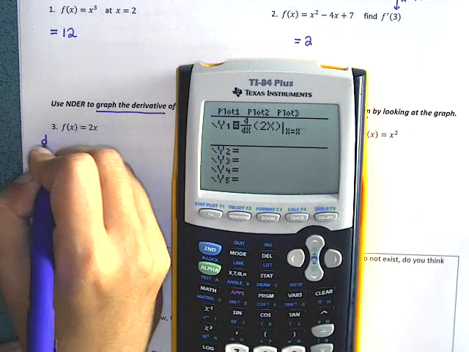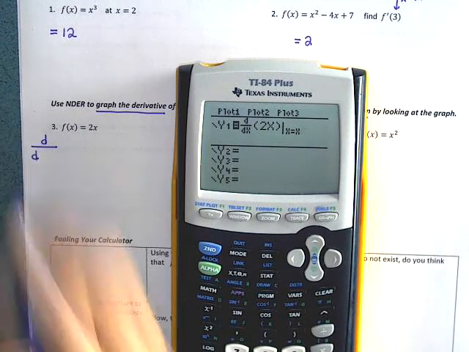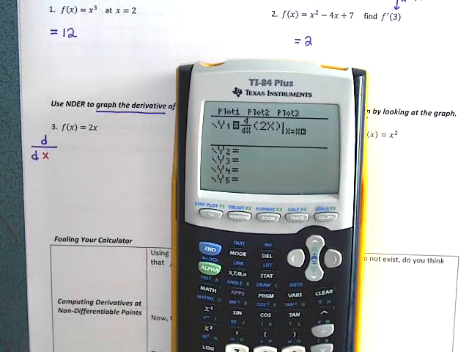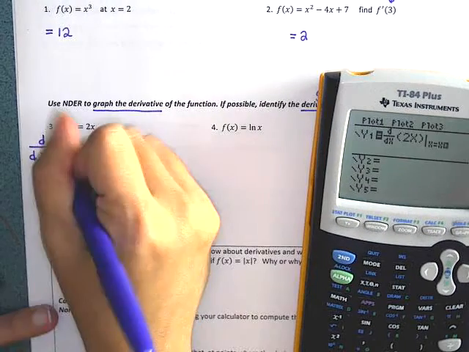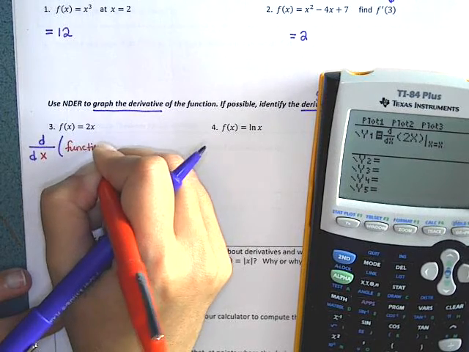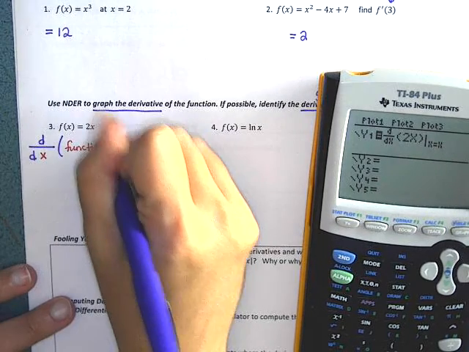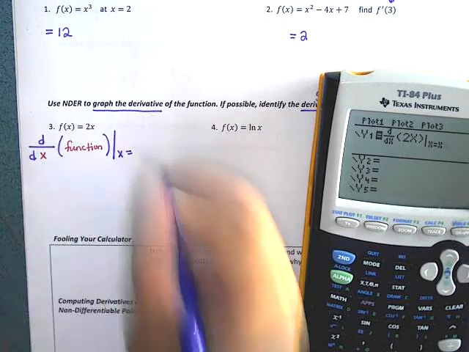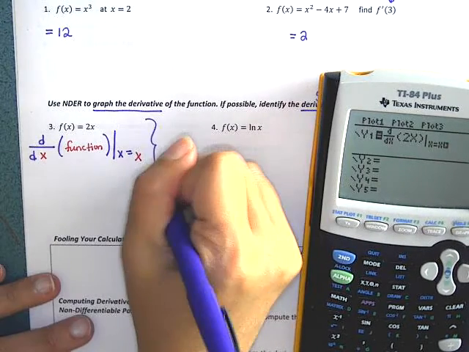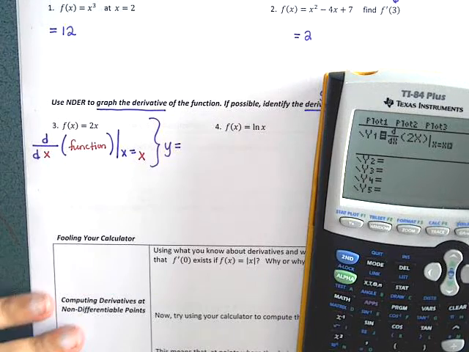So here the only change is that we're doing d over dx, parentheses, we're going to put the function in there, and then we're putting x equals x, and again this is all going in our y equals.